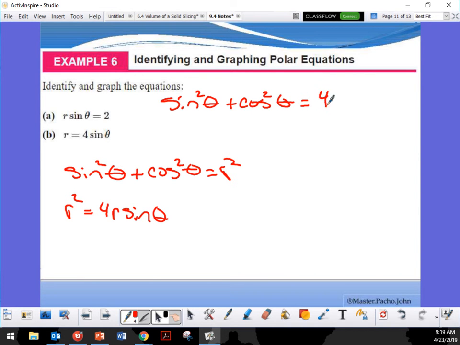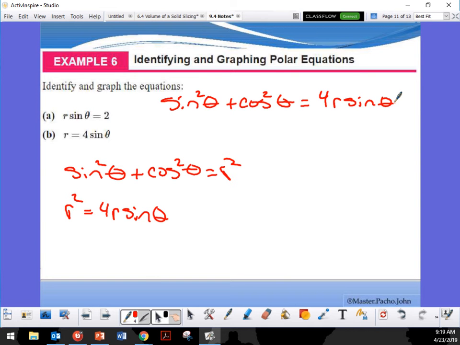Equals what can I do to manipulate this?